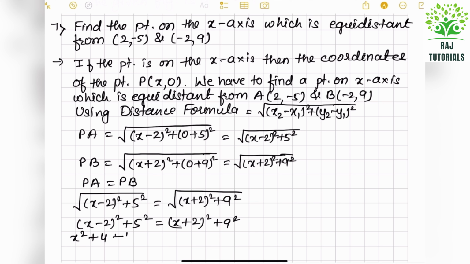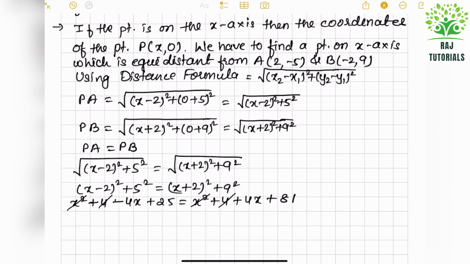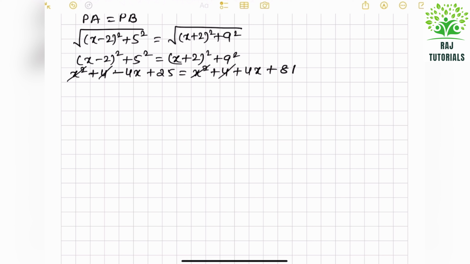So if I open the bracket, I will have x square plus 4 minus 4x plus 25 equal to x square plus 4 plus 4x plus 81. So x square cancel, 4 cancel on both the sides. So I can say 8x will be equal to 25 minus 81. So 8x equal to minus 56. So x equal to minus 7.